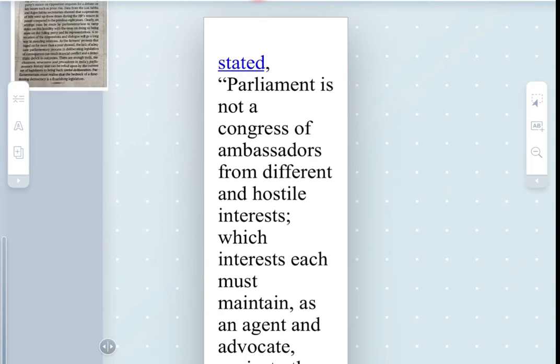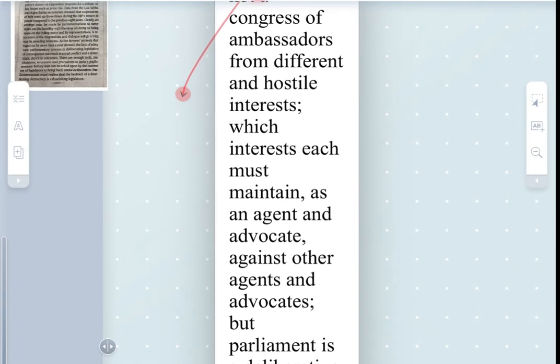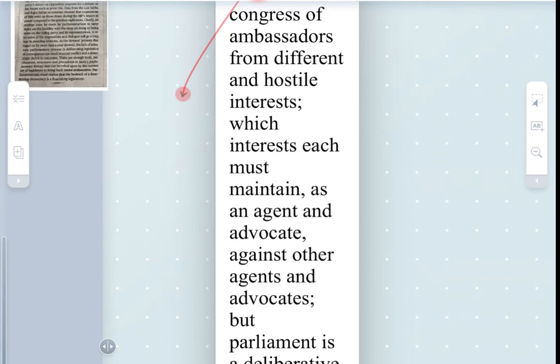A few extracts you can use in your answer writing: Parliament is not a congress of ambassadors from different and hostile interests, which interests each must maintain as an agent and advocate against other agents and advocates.